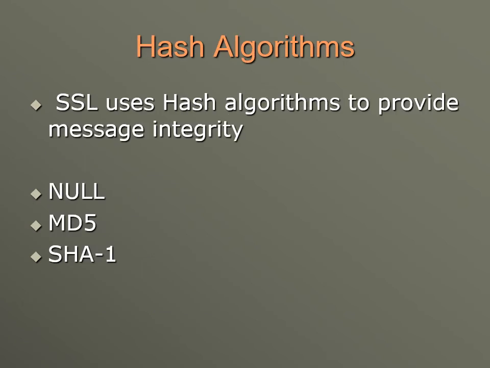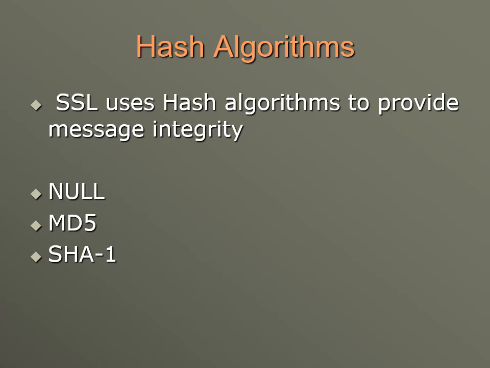Then next are the hash algorithms used in SSL. As we have seen, SSL also provides message integrity. To provide that, it uses a hash algorithm. The three hash functions defined in SSL are null, MD5 and SHA-1. Null means the two parties may decline to use any hash algorithm. In this case, there is no hash function and the message is not authenticated.